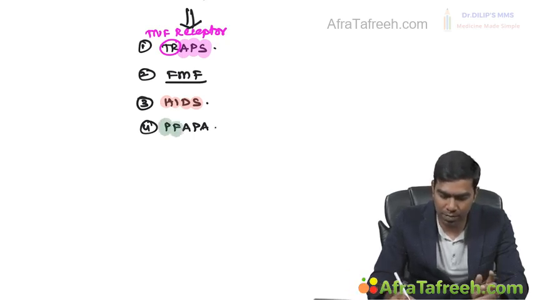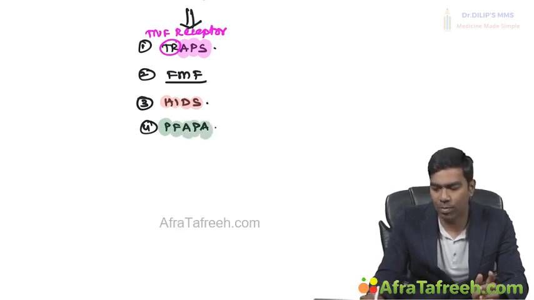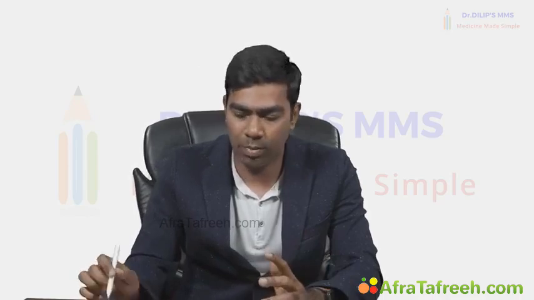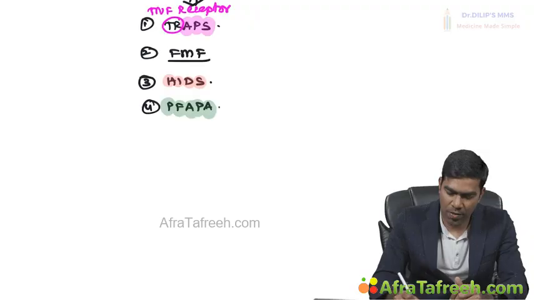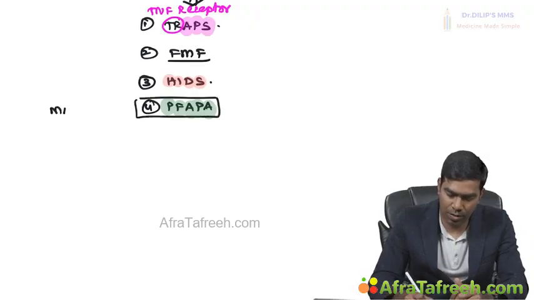You have periodic fever, aphthous stomatitis, pharyngitis, and adenopathy. Adenopathy usually means cervical lymphadenopathy. This is called PFAPA syndrome. The other name for that is Marshall syndrome.